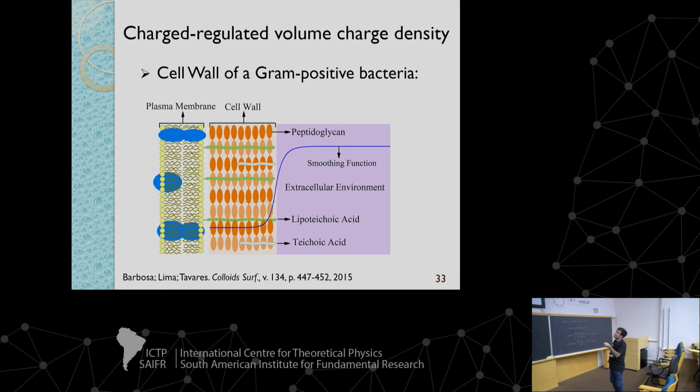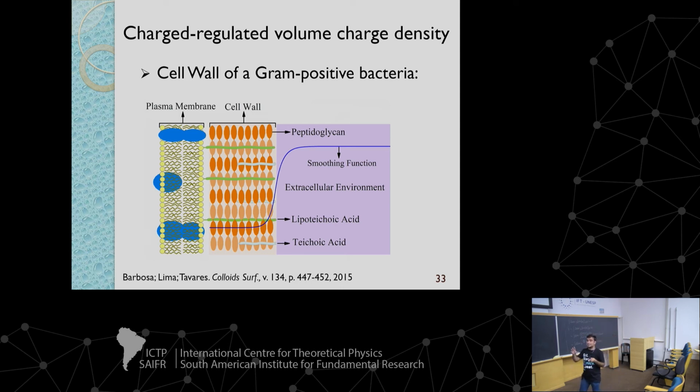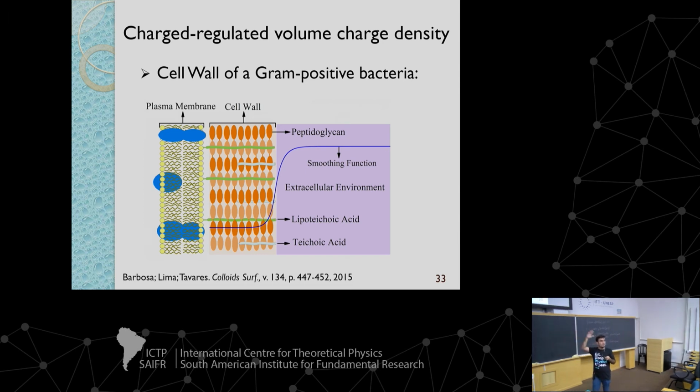So we use again the smoothing function here. This is the extracellular environment. The structure is different comparing the yeasts with bacteria, but we can use the same model, only changing the groups present and the density of sites.